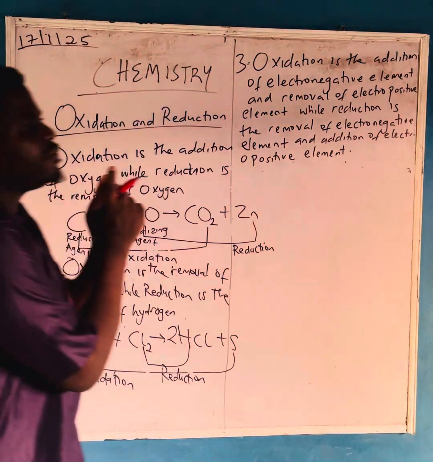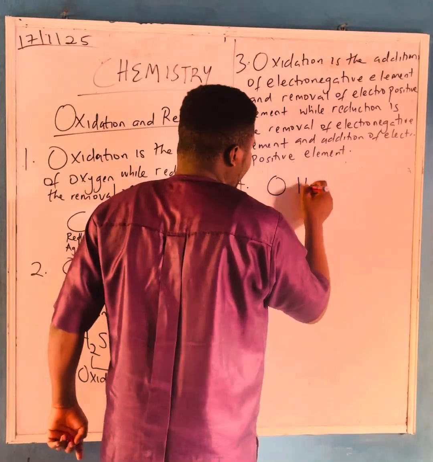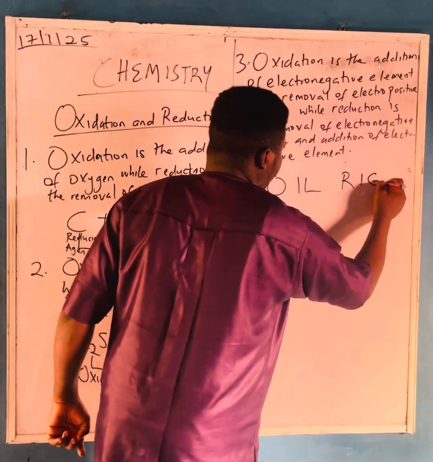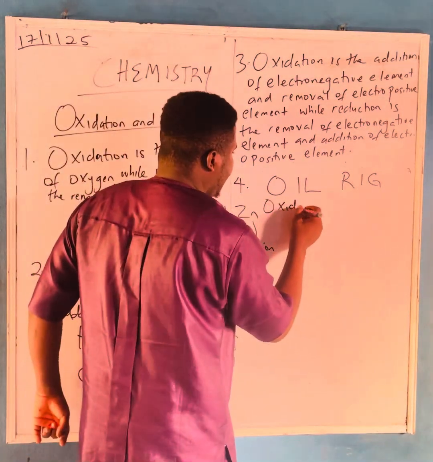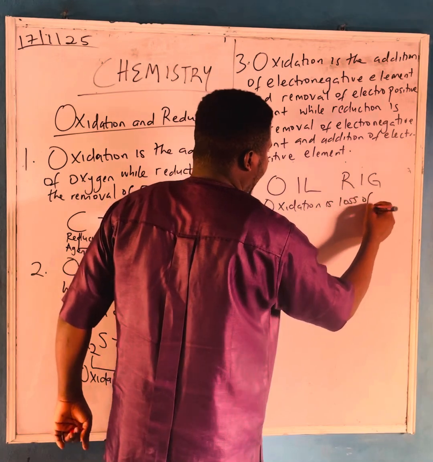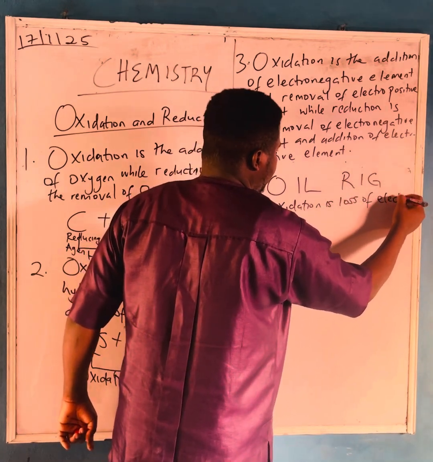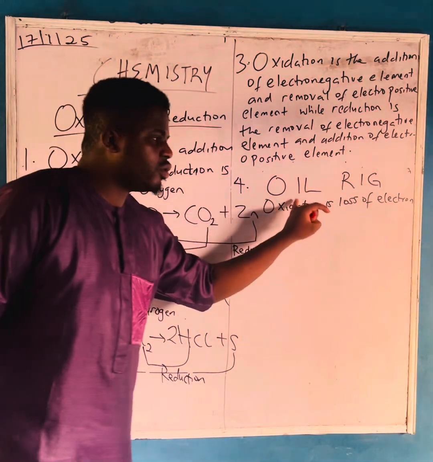And then the fourth definition of oxidation that we have is OIL RIG. And what this means is that oxidation is loss of electron, OIL.